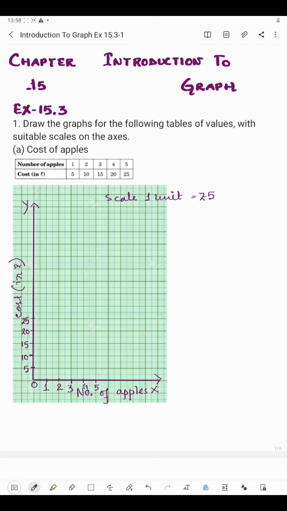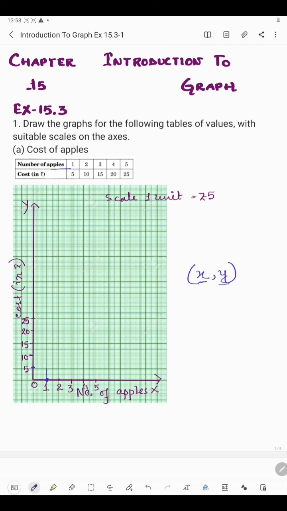Now we will plot the points in the graph sheet. At first we have number of apples 1. When we write the coordinates, we write it as x comma y. Means first we put the value of x and then we put the value of y. When the number of apples is 1, 1 will be on the x-axis, and you are paying 5 rupees. Now 5 rupees is on the y-axis.